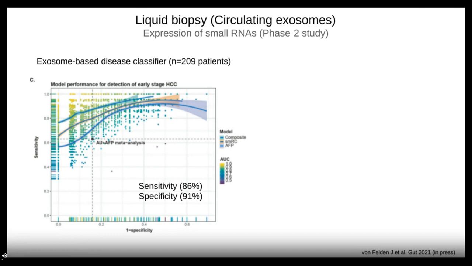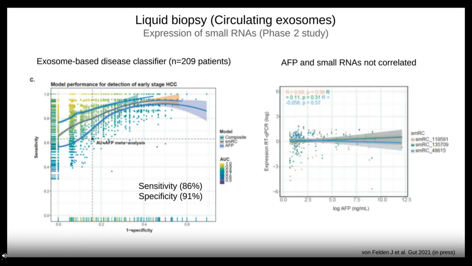And here you have the performance of our 3 markers plus alpha-fetoprotein, which outperforms either of the two alone, with a sensitivity of 86% and a specificity of 91%. What we also found is that when you compare the expression of our 3 small RNA sequences with alpha-fetoprotein, they were not correlated, which suggests that we're providing complementary information for the detection of patients with early stage HCC.